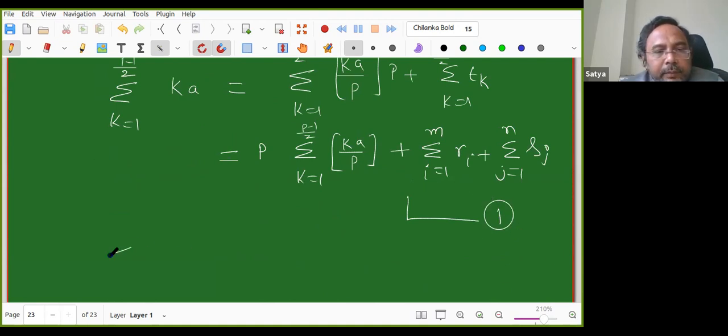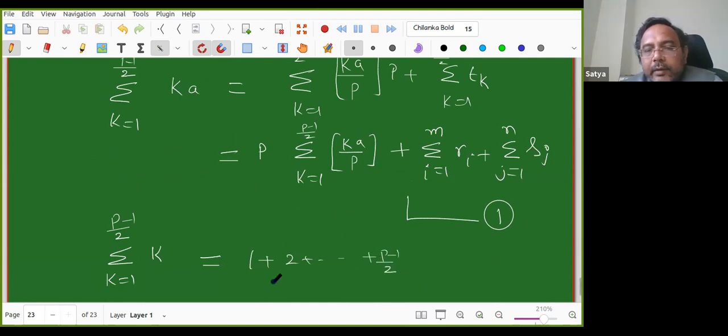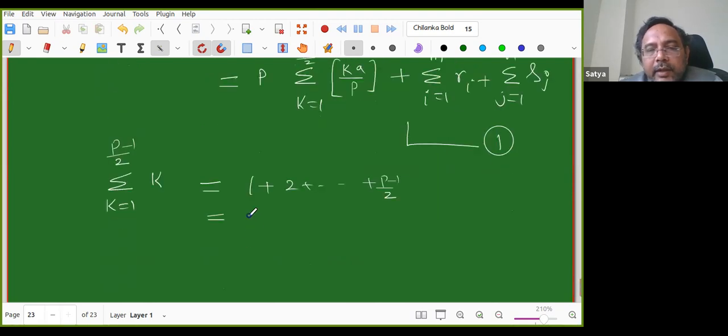Now come to this. Summation k equal to 1 to (P minus 1) by 2 of k. This is 1 plus 2 plus up to (P minus 1) by 2. We know that these are these sums, right? R1 plus R2 plus up to Rm plus, somebody help me, what do I have to write here?